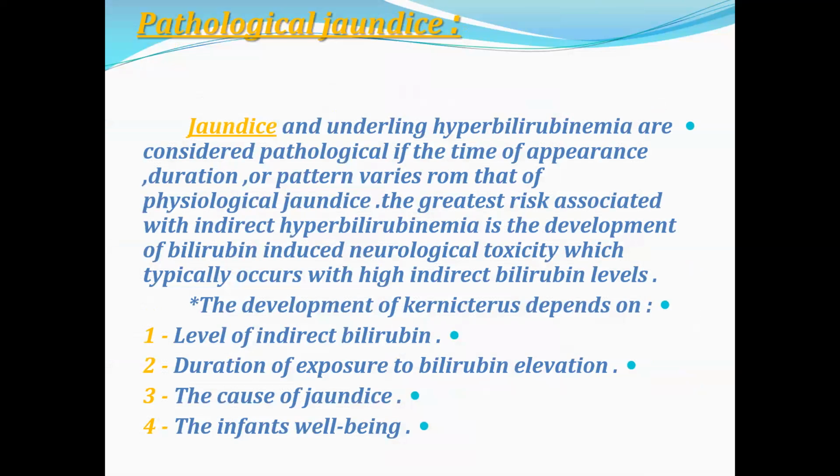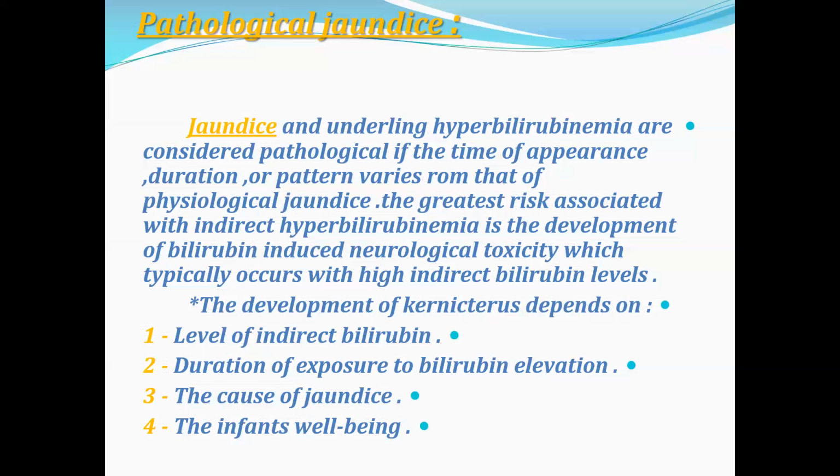Opposite to the physiological, and this is an important subject that we can deal with, is pathological jaundice. Jaundice is considered pathological if the time of appearance, duration, or pattern varies from that of physiological jaundice. The greatest risk associated with indirect jaundice is the development of bilirubin-induced neurological toxicity, which typically occurs with high indirect bilirubin levels.